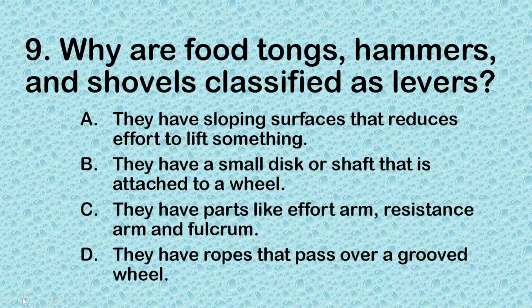And letter D. They have ropes that pass over a groove wheel. Correct answer is letter C. They have parts like effort arm, resistance arm, and fulcrum.